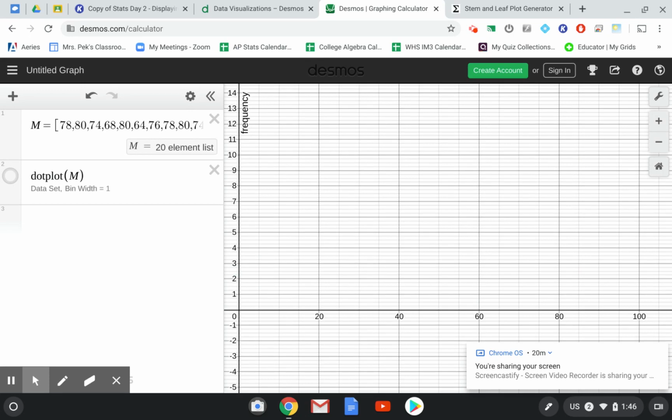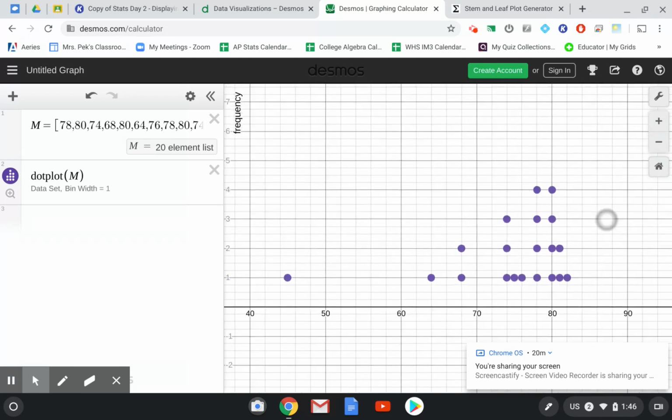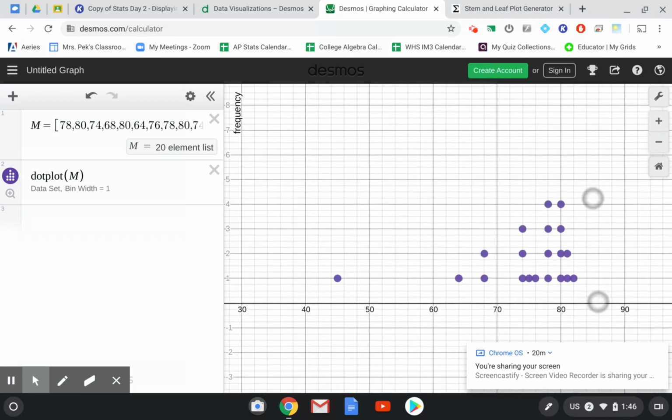So I've listed them all. I put dot plot M. I'm going to turn that on, and we can see that dot plot come up. You can also do the zoom fit, the little plus sign here, and it'll give me a nice way to look at that. But there is my dot plot.